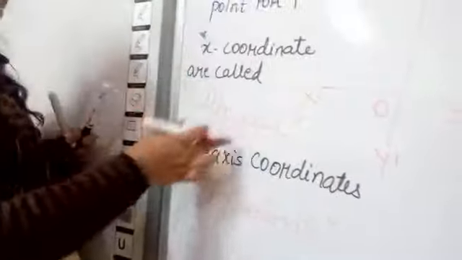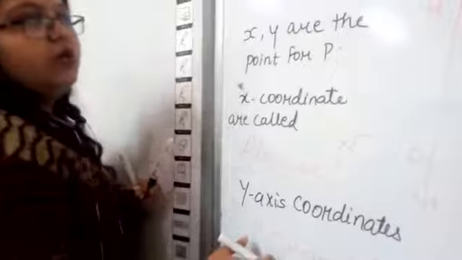So we call the x coordinate abscissa and the y coordinate ordinate. Okay, clear to all of you?